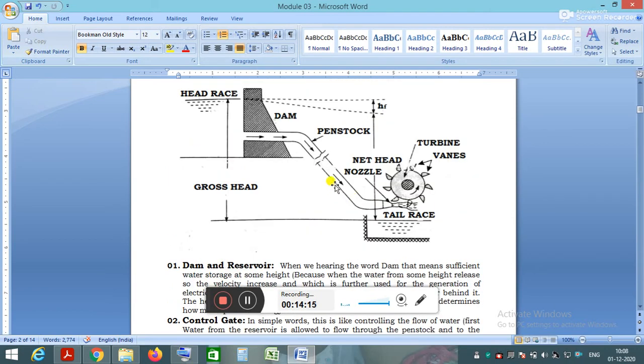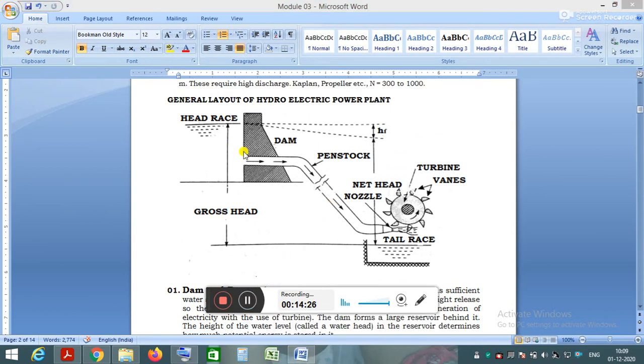The function of the control gates is to control the flow of water into the turbine. The gates are provided here. The function of the control gate is to control the flow of water into the turbine through the penstock. When the control gate is fully open, the maximum amount of water flows through the penstock.